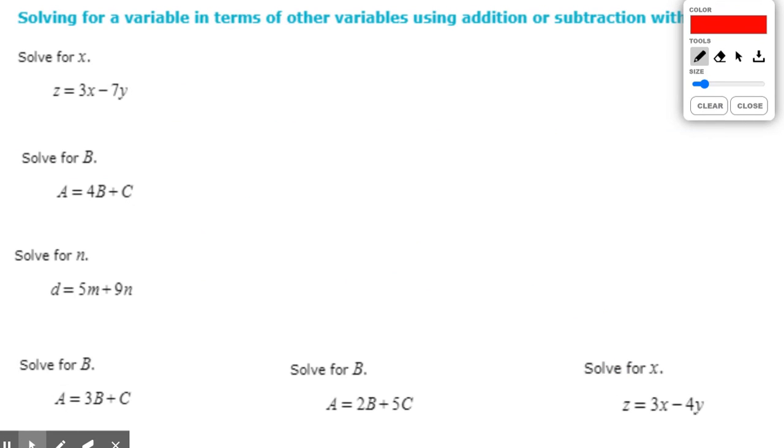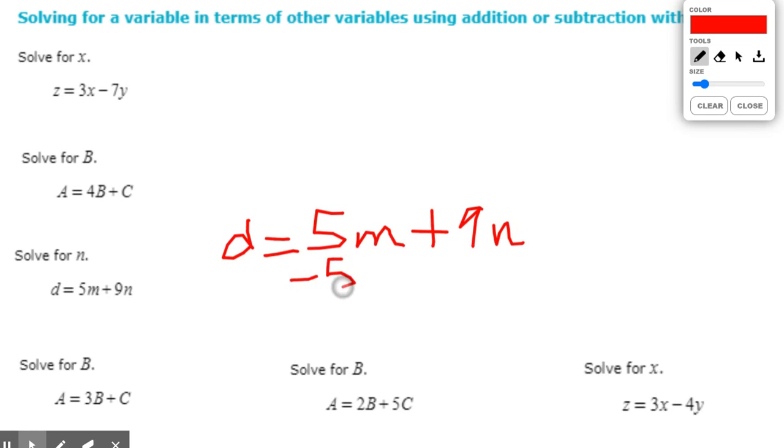Okay, so for my last example, we have D is equal to 5 times M plus 9 times N. And we're solving for N. So we're going to subtract 5M from both sides.